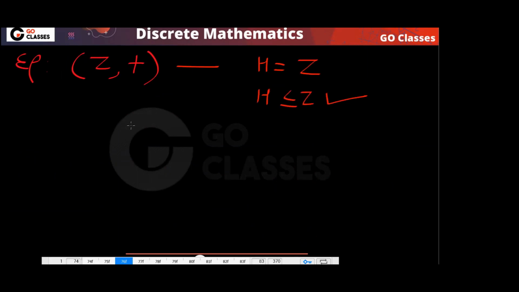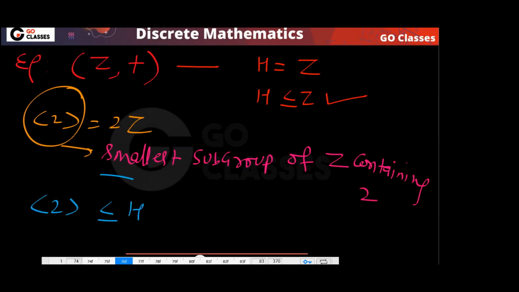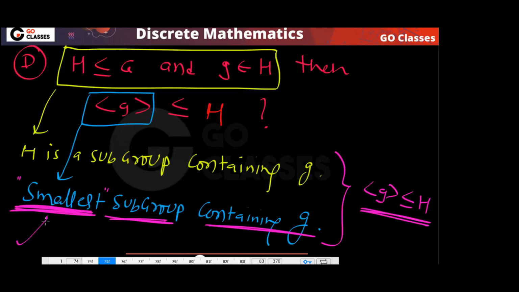So I can take H as Z. And you can notice this is equal to 2Z, the smallest subgroup of Z containing 2. So I can definitely say that this is a subgroup of H. So this is the idea. Is this clear? On this small detail, this question is based.